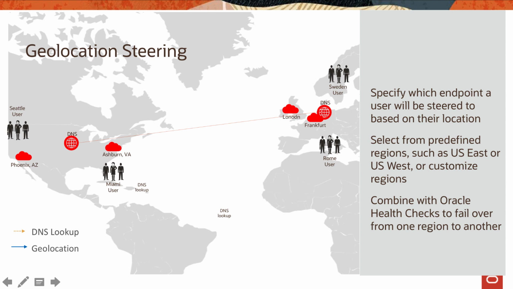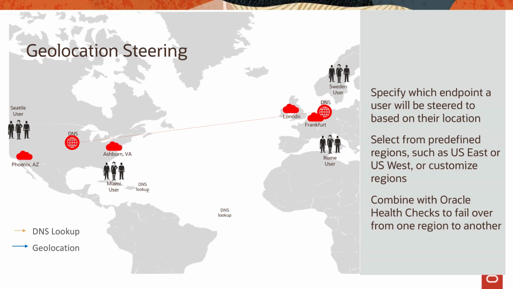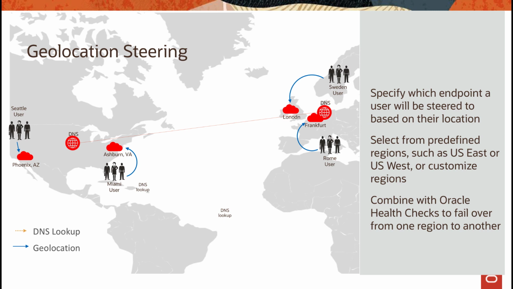And all of your North American customers want to go to a different site because of a different application running on it. So using the geolocation steering, you can make sure that users coming from a specific region are directed to workloads in a specific region as well. And you can always again combine your health checks for failover. If one of your regions fails, they can fail over to the other region.